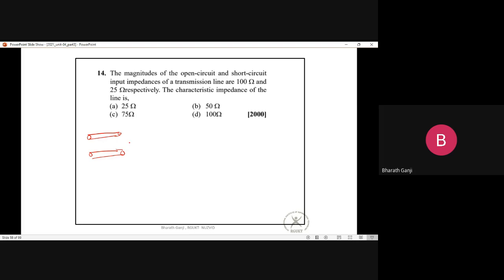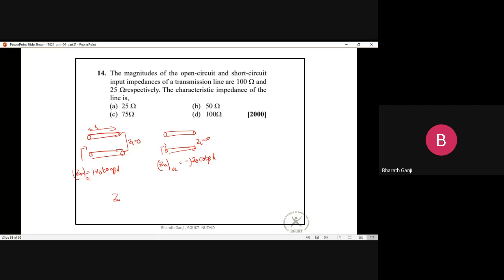If the line is short circuited, then we had Zin as j Z naught tan beta L. And if the same line of length L is open circuited, then we had Zin as minus j Z naught cot beta L. So if you multiply these two, Zin short circuit and Zin open circuit, you will end up with Z naught square.